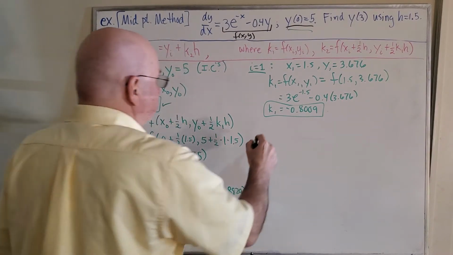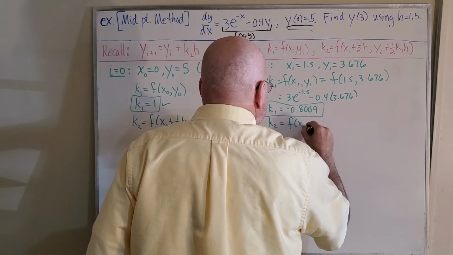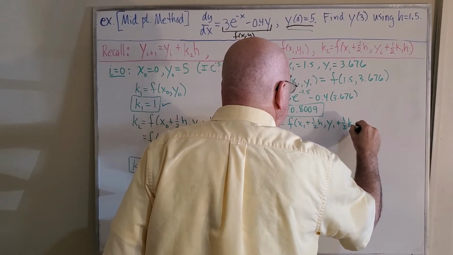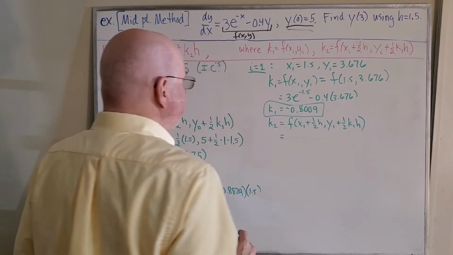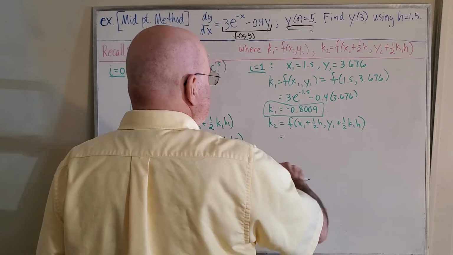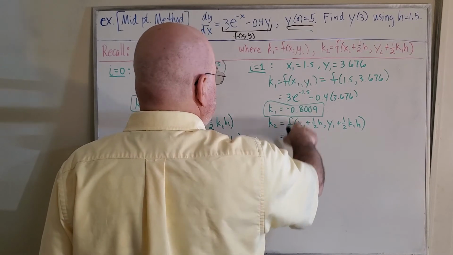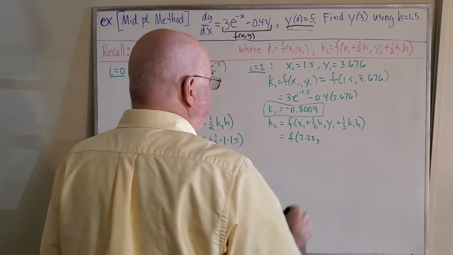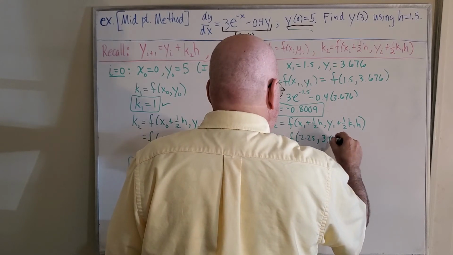And now we'll do k2, which is equal to f of (x1 plus 1/2 h, comma, y1 plus 1/2 k1h). I'm going to skip one algebra step and go straight to saying that x1, which is 1.5, plus 1/2 h gives us 2.25, and y1 plus 1/2 k1h is 3.075.